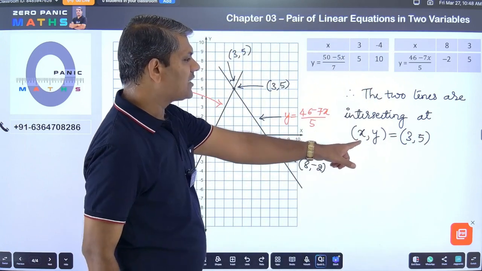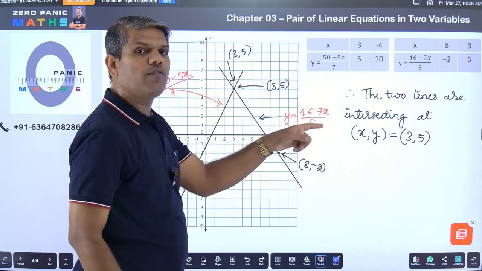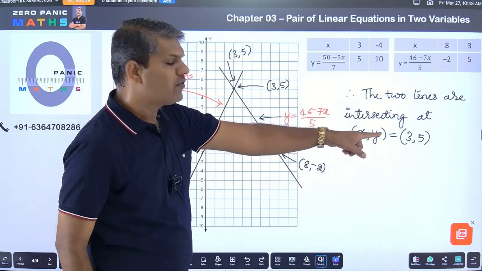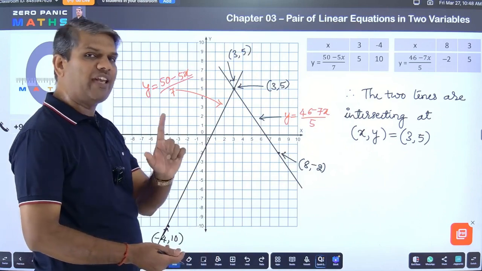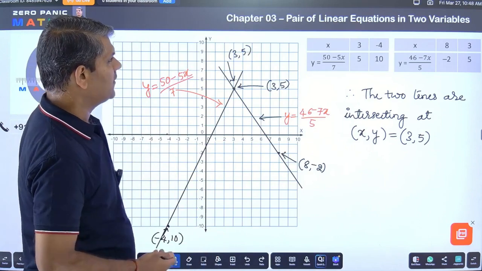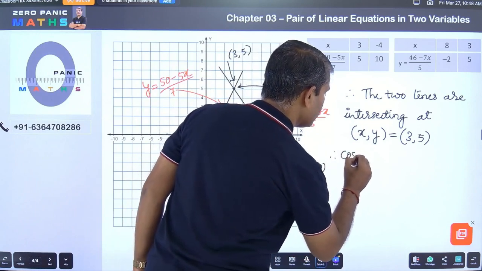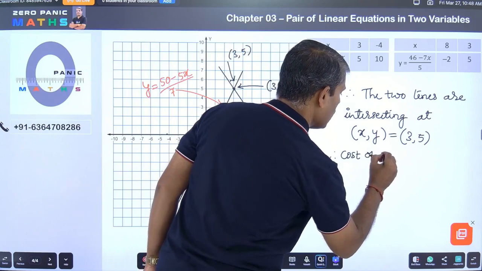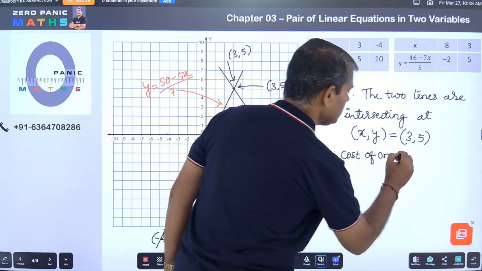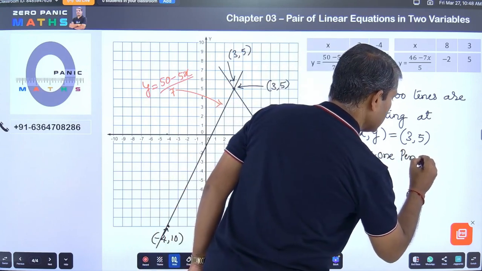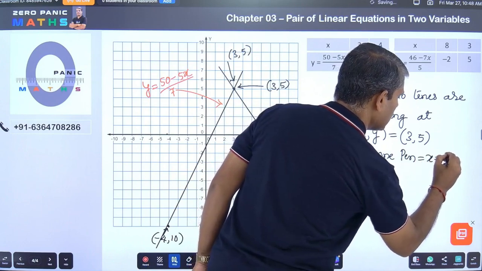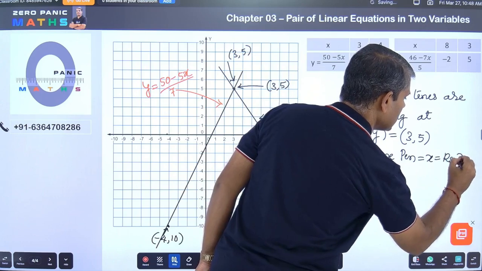So x, which is the cost of one pencil, and y, which is the cost of one pen, that is what we considered. Okay, so therefore cost of one pencil is equal to x is equal to rupees 3.